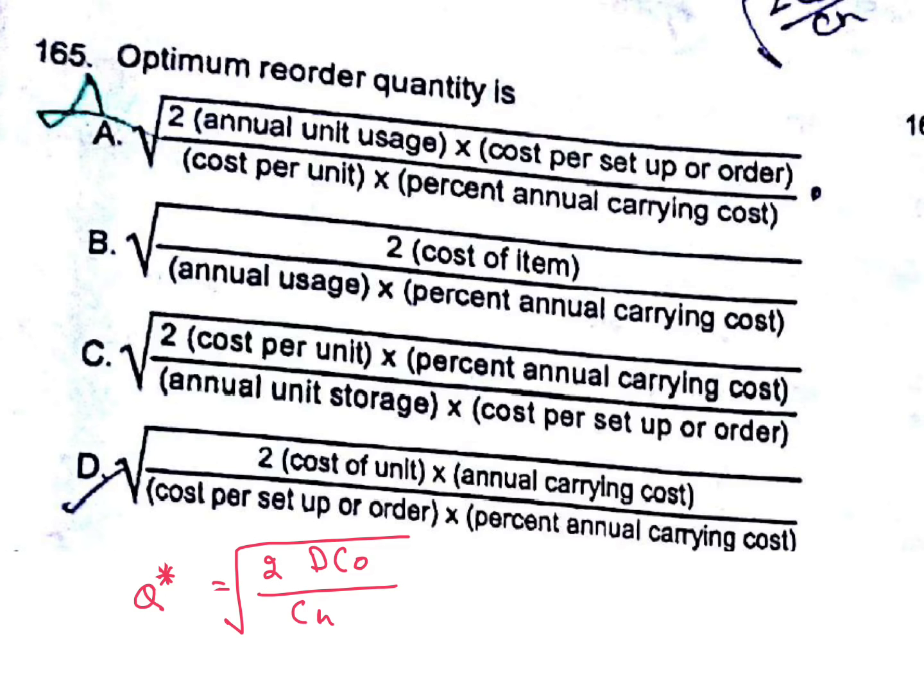So from the options, option A: 2 into annual unit usage, this is D. Cost for setup or order, this is CO. Cost per unit and percentage annual carrying cost, if you multiply these two, you will get CH. So A is our answer.